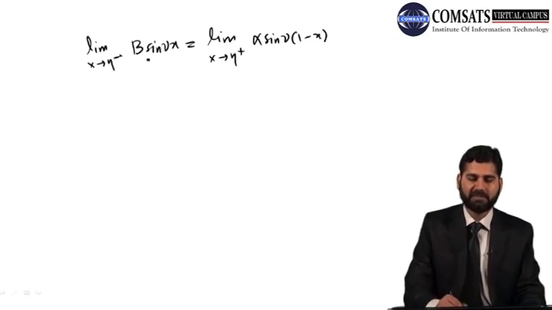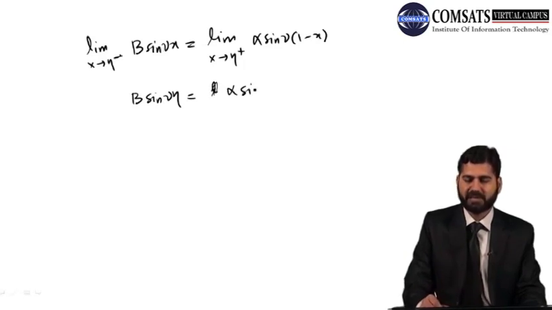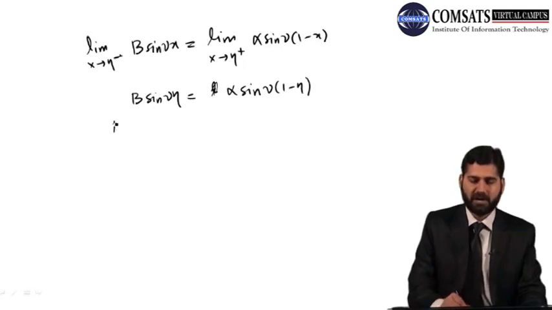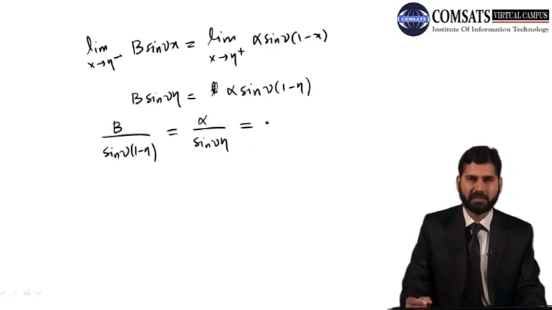So if you take the limit of this function, this is b sine nu eta, which is equal to alpha sine nu (1 minus eta). So from here you get b over sine nu (1 minus eta) equal to alpha over sine nu eta. And again, this should be equal to some other constant. You can call it beta or a or c.